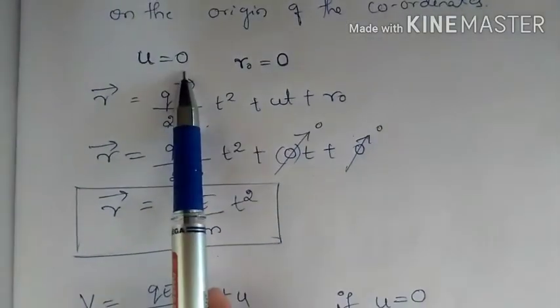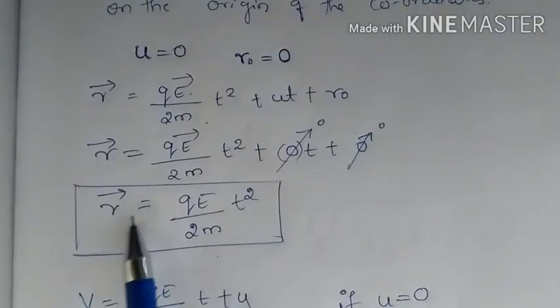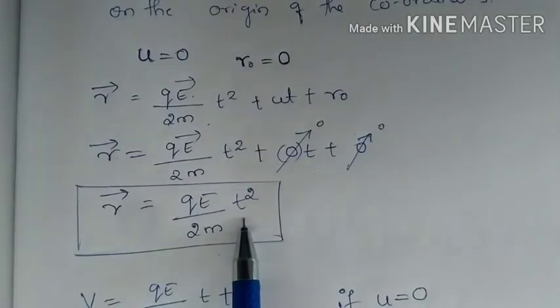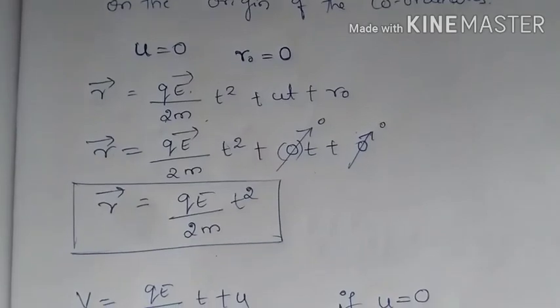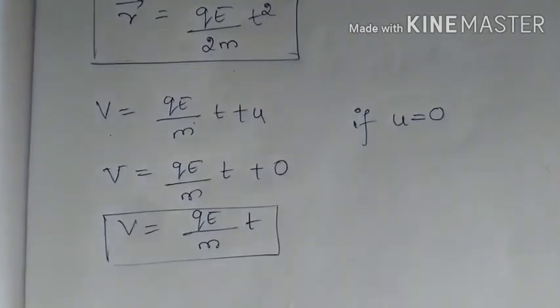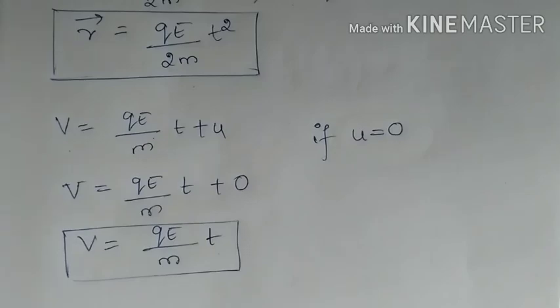So if the initial velocity and the position are 0, then we get r is equal to qE by 2m t square. So this is the charged particle in a uniform electric field, applied along the direction of the motion of the particle. This is the first topic that we have learnt in this lecture.